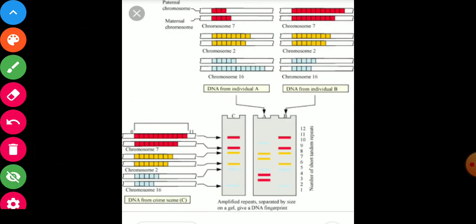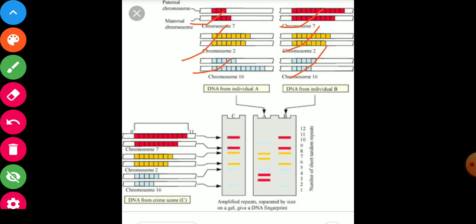Here you can see different DNA fingerprinting patterns shown. Here you can see the paternal chromosome and maternal chromosome. Chromosome 7 is mapped here, chromosome 2, chromosome 16.